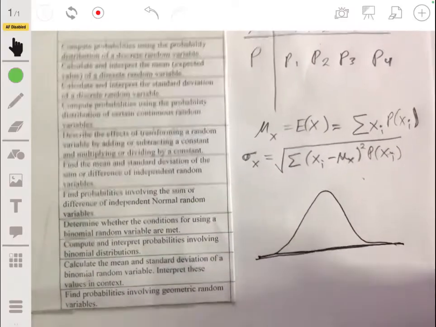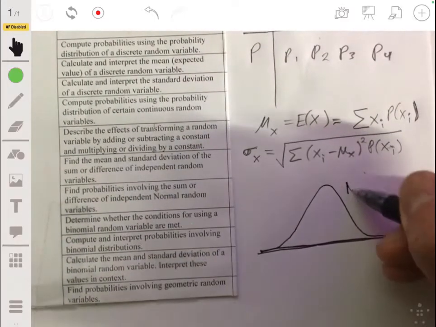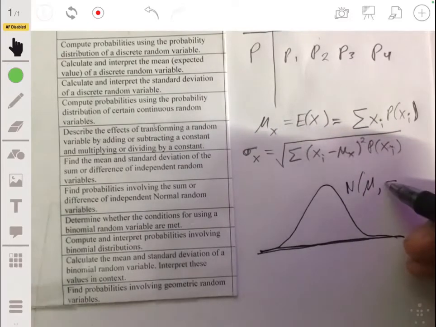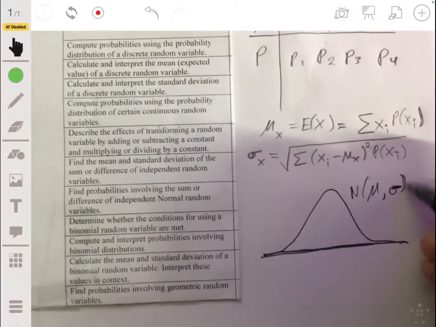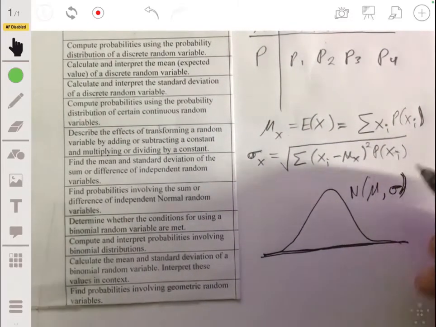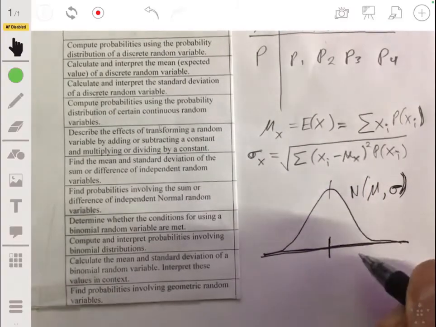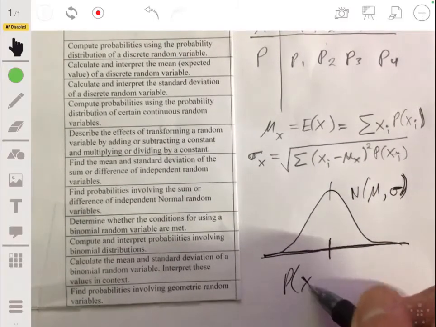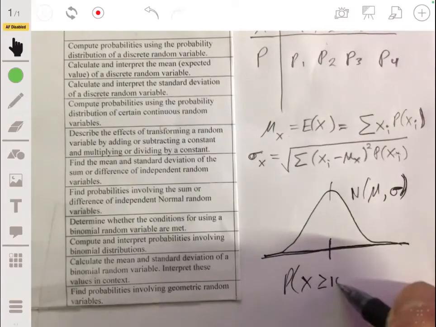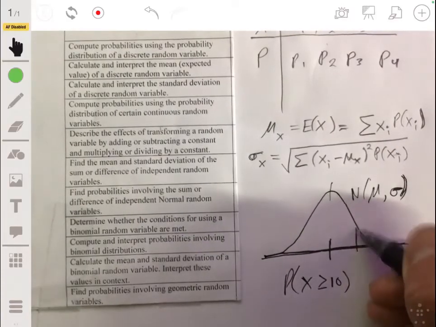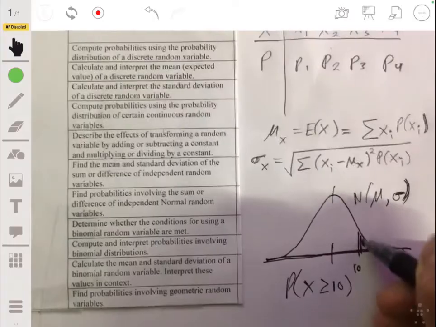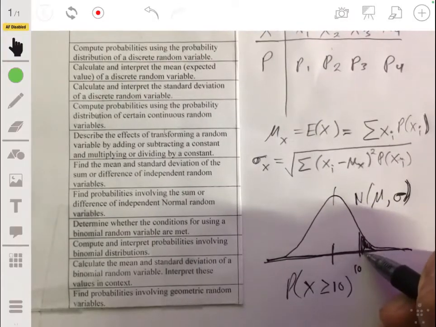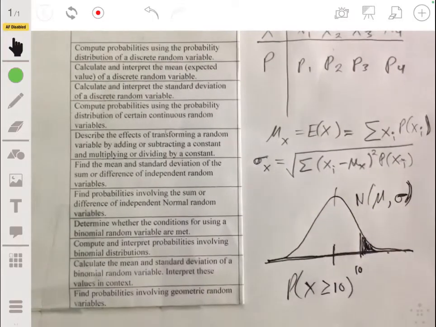So you're going to get a variable that's normally distributed with some mean and some standard deviation, and you're told maybe to find the probability that x is more than, let's say, 10, and 10's over here. So you're basically just finding the area underneath this curve from 10 to the right.